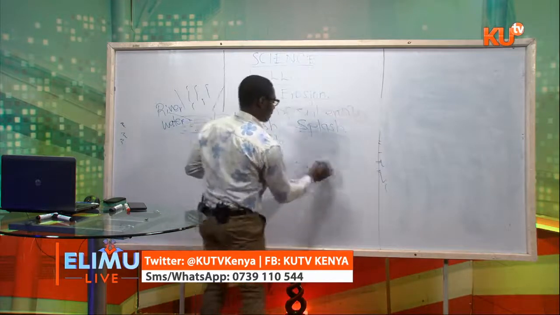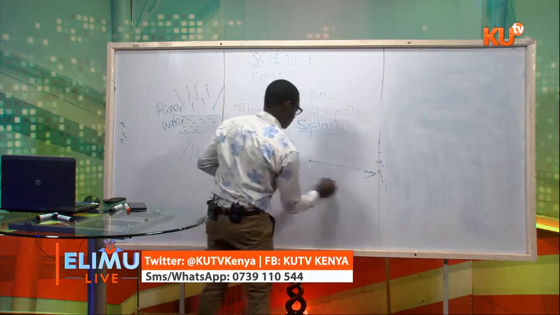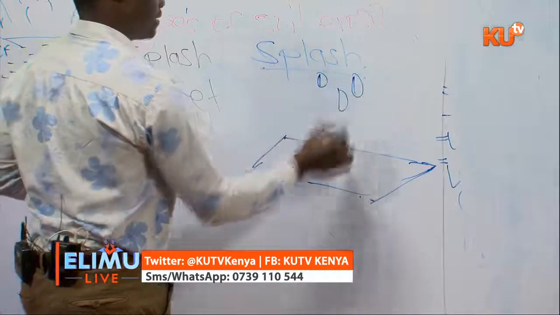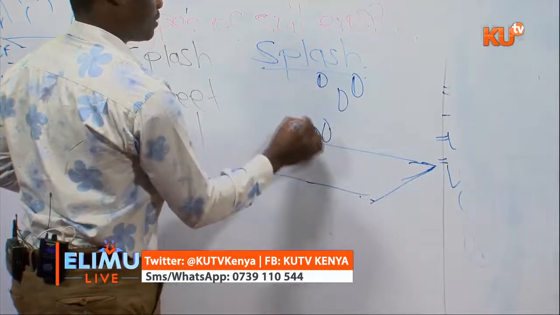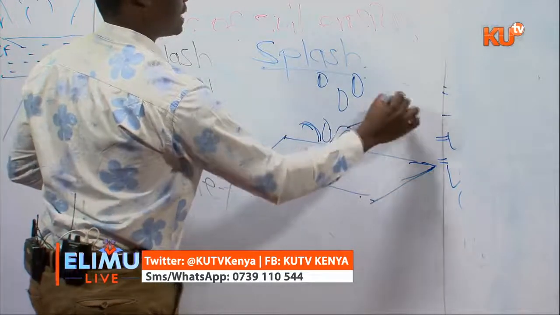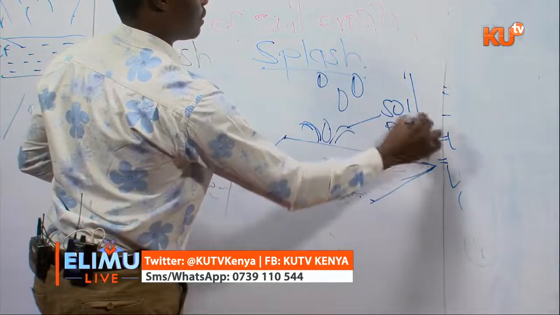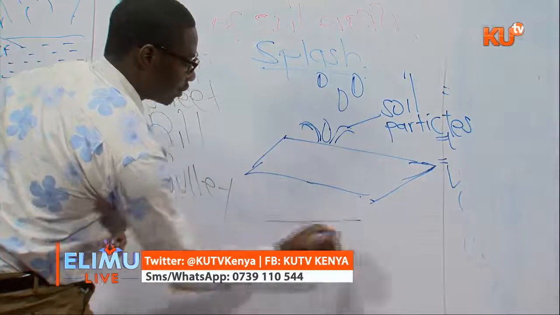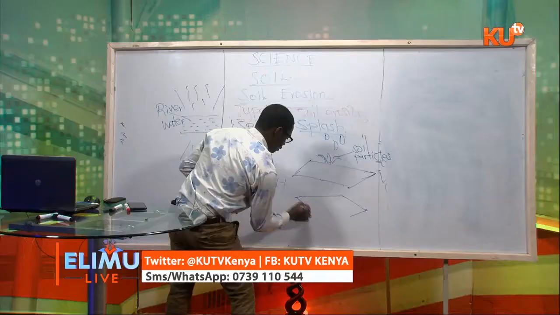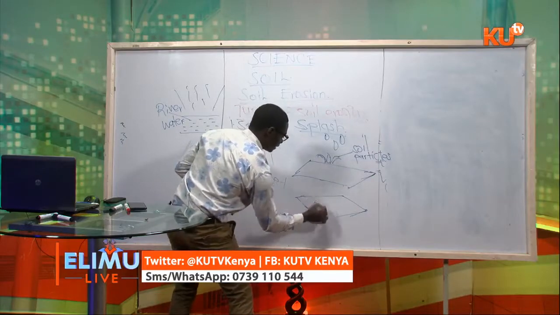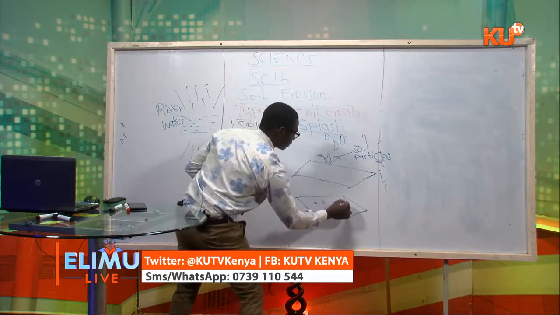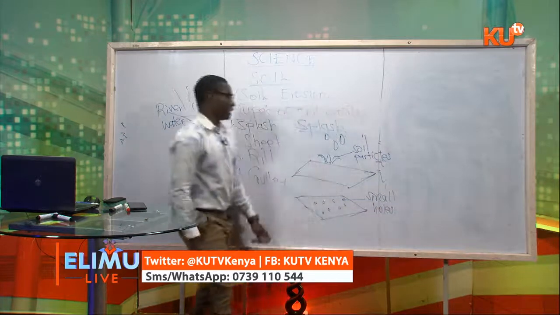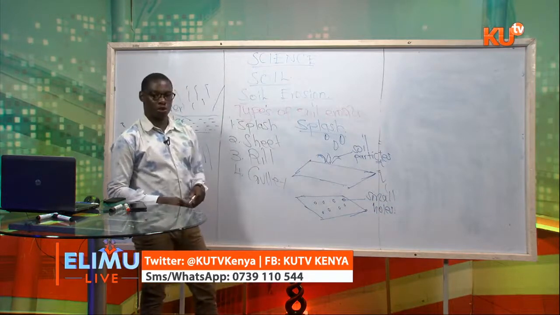If this is the ground, as the raindrops are falling, when they hit the ground, soil particles are usually displaced. The end result is that your ground looks something like this, with small holes. This is what I call splash erosion.